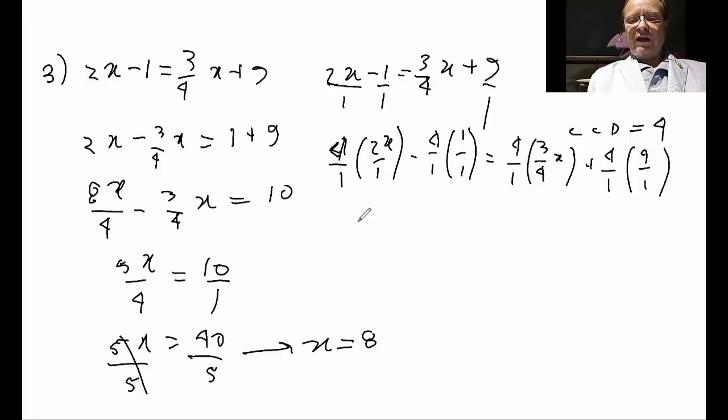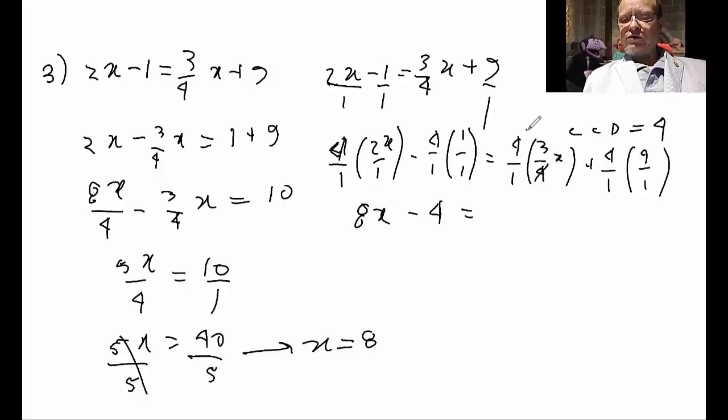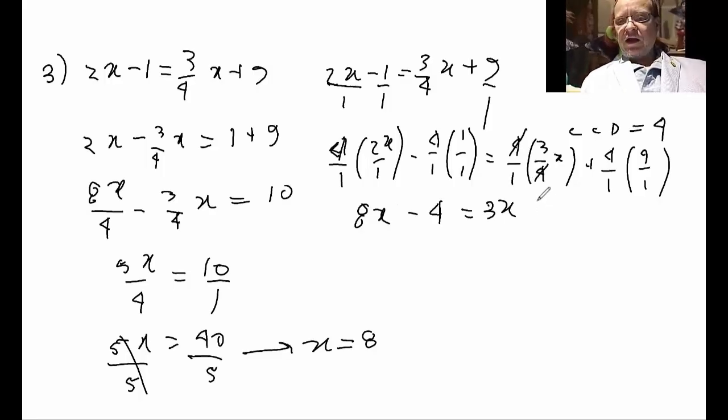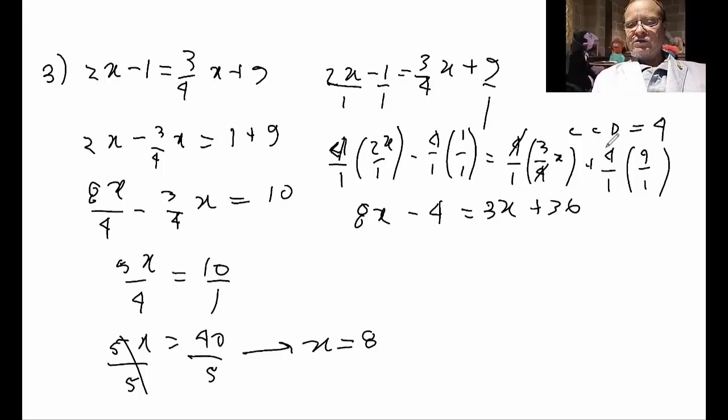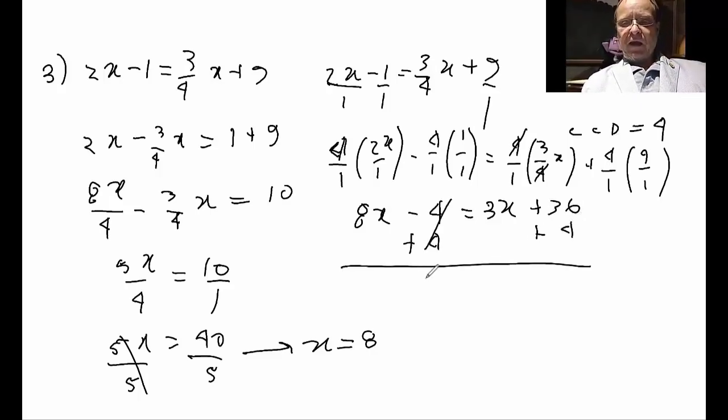So here I have 8x minus 4 is equal to, my 4's cancel out here, so I end up with 3x plus 36, because 4 times 9 is 36. And then I go through the algebra, so here I get plus 4, and I end up with 8x is equal to 3x plus 40.